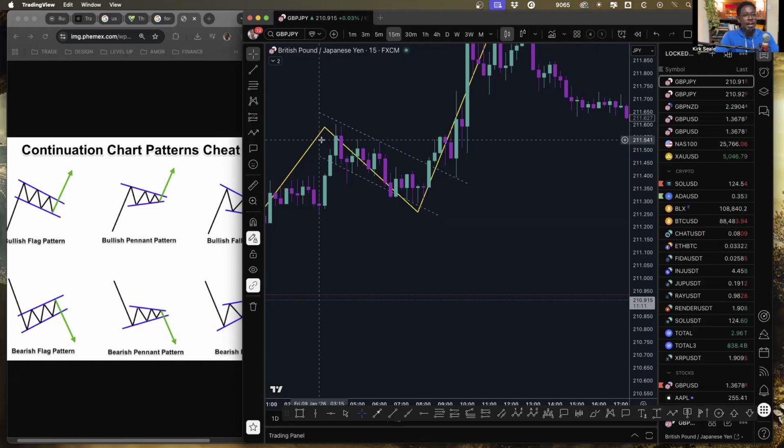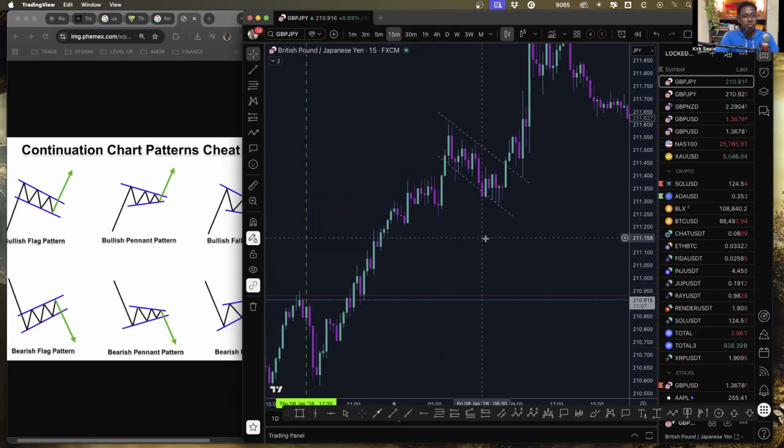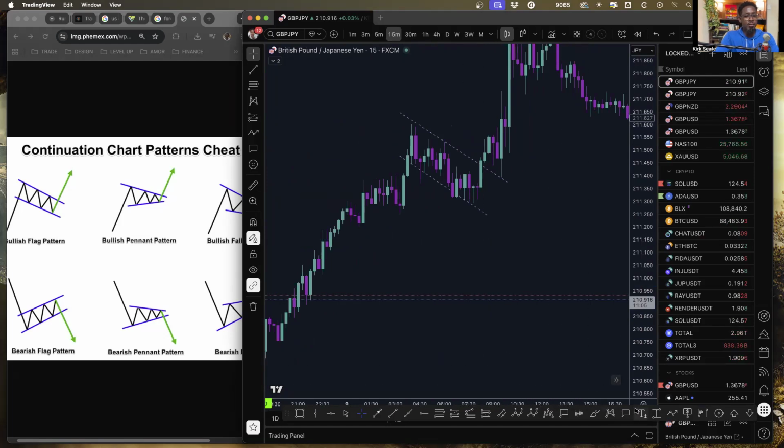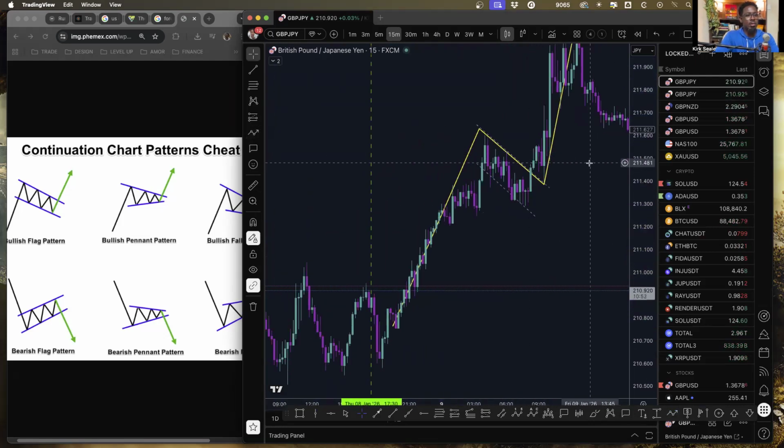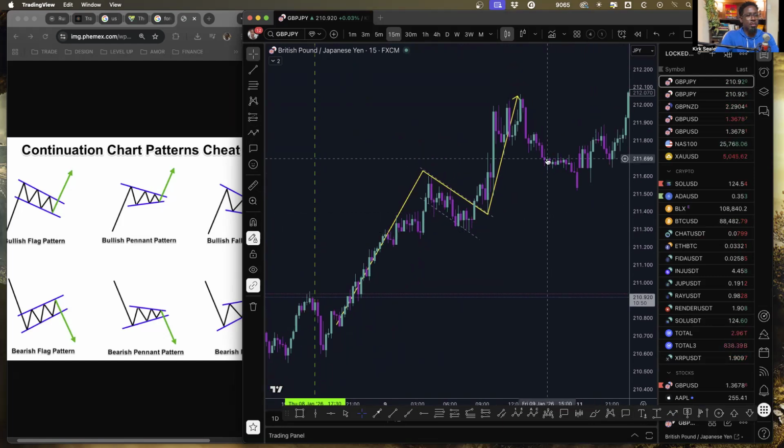You don't get any points from the market for how pretty your charts are. Price came up, came back down, and then it continued going up. Let me make these lines a little more bold.